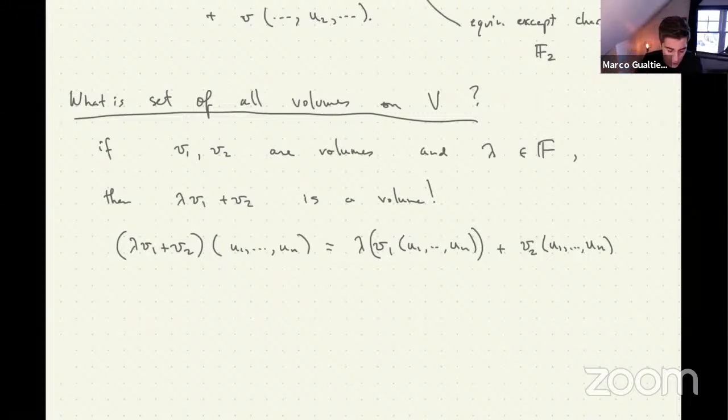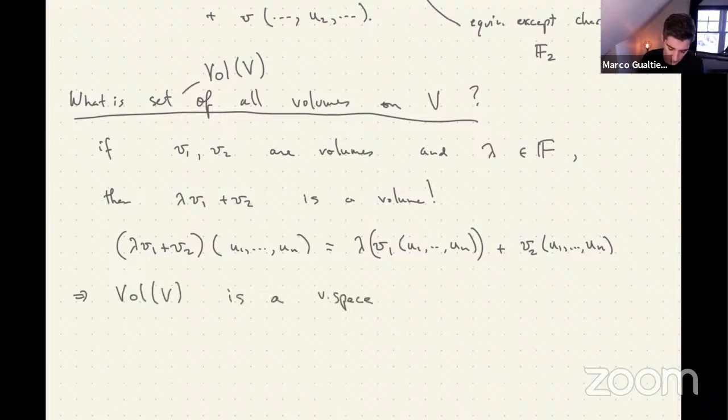Okay, so this means that, let me call this set vol of V. It's the set of the volumes. So this means that vol of V is a vector space over F.